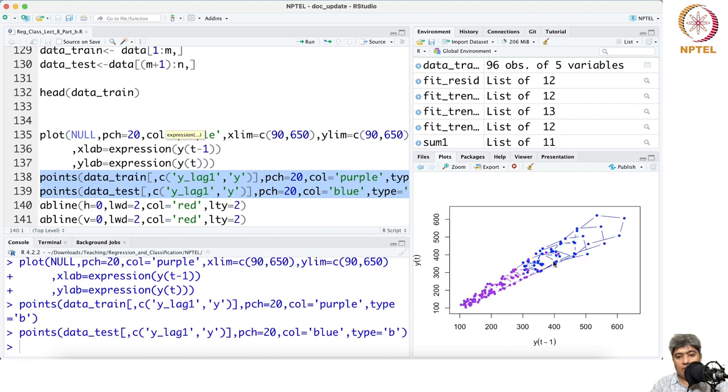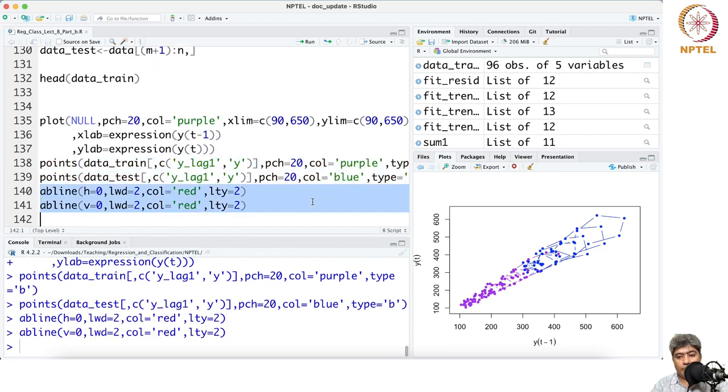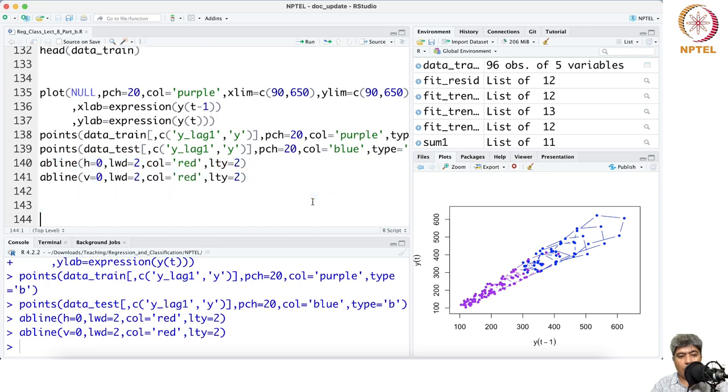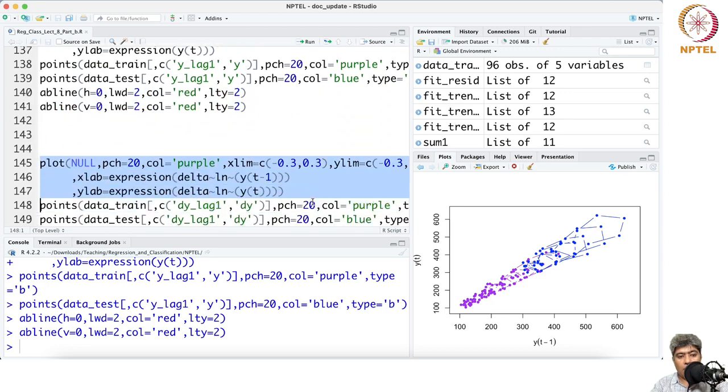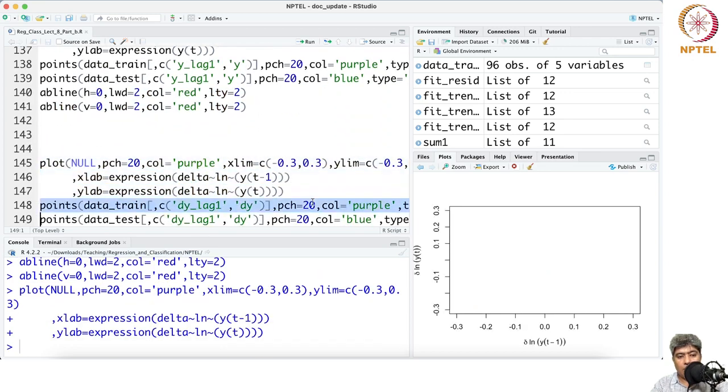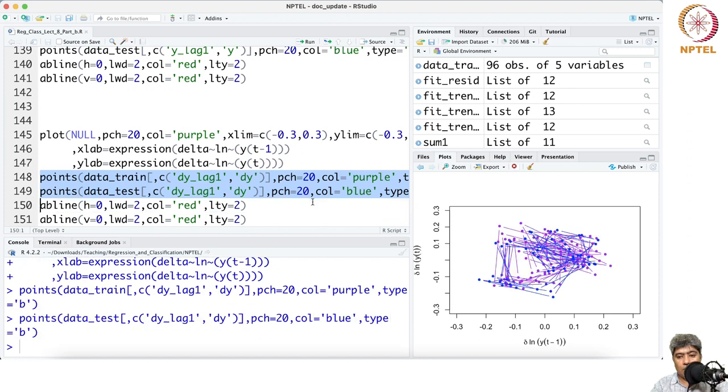Now I'm going to plot yt versus yt minus 1. You can see this sort of pattern of points. Also in this plot, delta log yt minus 1 versus delta log yt, you can see that there is sort of a hole in the data, and this hole represents the seasonality.